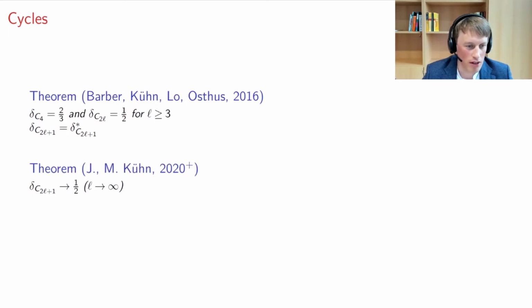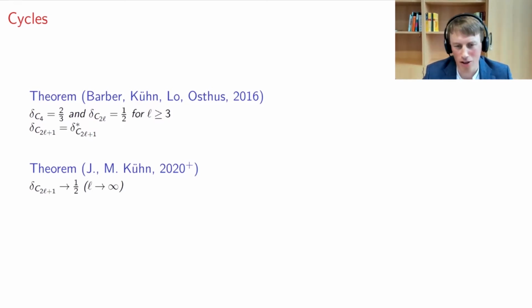The first result I'd like to present today is joint work with my PhD student Markus Kuhn. Don't confuse him with Daniela Kühn, who will always appear together with Deryk Osthus. This is the convention now. We proved that if you look at odd cycles, then the decomposition threshold actually tends to 1/2.